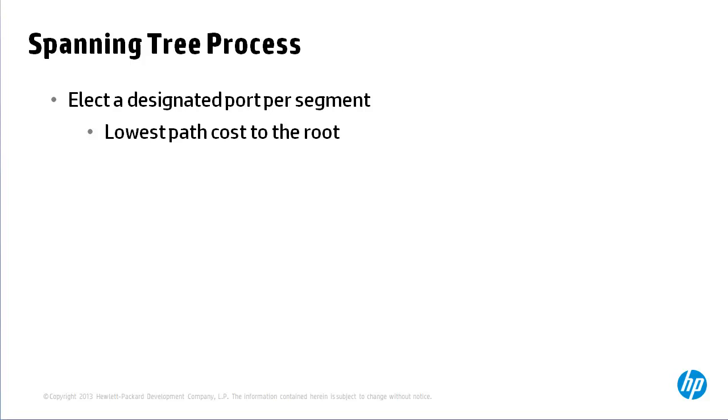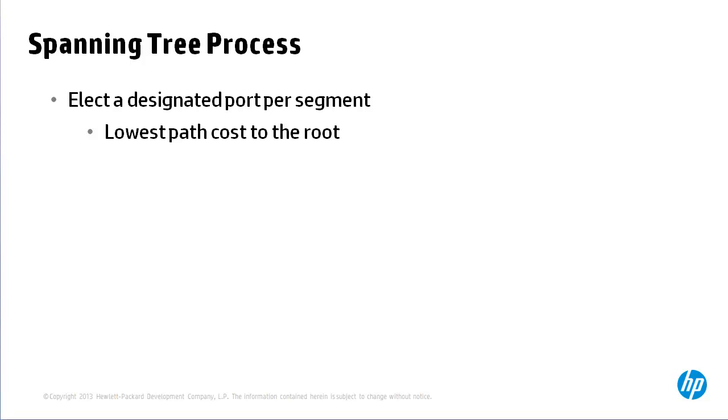So on a per segment basis, a port is chosen that is the best port to use back to the root switch. Now I will be showing you various examples to show you how spanning tree does this, and I'll refer back to this selection process. But for now, just note that the designated port is selected on a per segment basis.